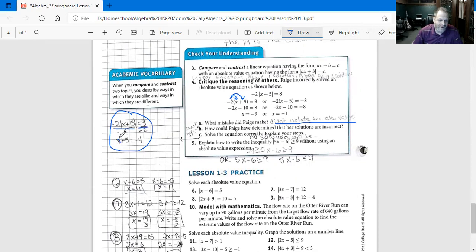Okay, to get X plus 5 equals 4, -4. Okay, so how could Paige have determined her solutions to be incorrect? She could have checked her answers, right? Solve the equation correctly, explain your steps. There was no solution, can't be.